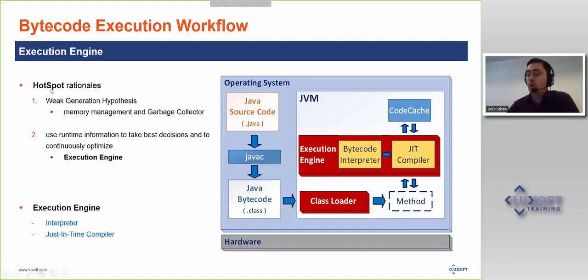Just to let you know, when HotSpot was created, the people that developed it had in mind two rationales. The first one was the weak generational hypothesis, which means that most of the objects that are created, the majority of them, become unreachable soon, which means that once I've created an object, I expect that object to be eligible for the garbage collector.